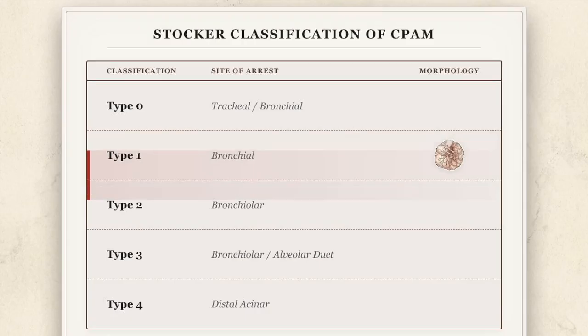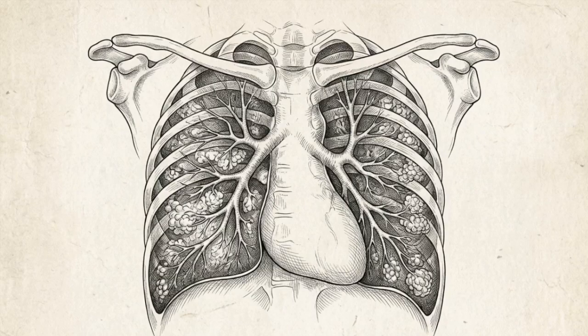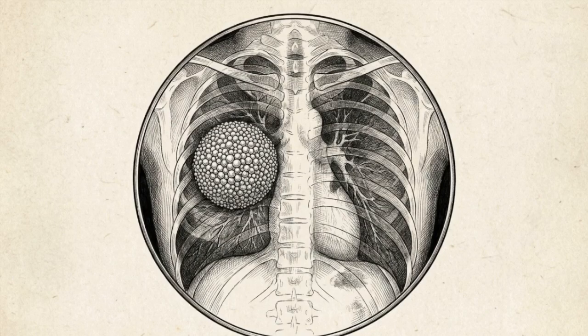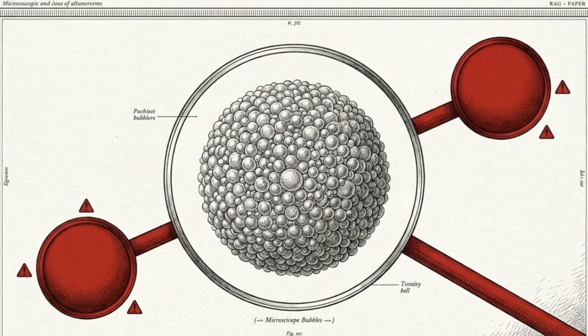Moving deeper into the developing lung, an arrest in the bronchiolar regions creates a Type 2 malformation. Radiographically, Type 2 presents distinctly from Type 1. It appears as multiple small cysts that create a bubbly mass effect, lacking the large, cavernous cavities seen in earlier arrests. A type 2 diagnosis carries an immediate external implication.